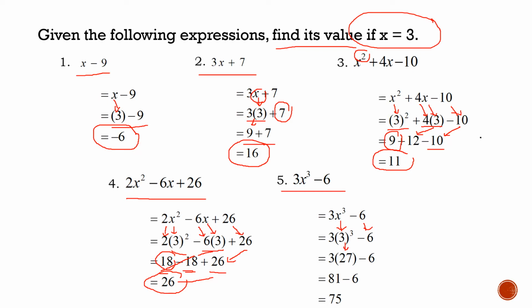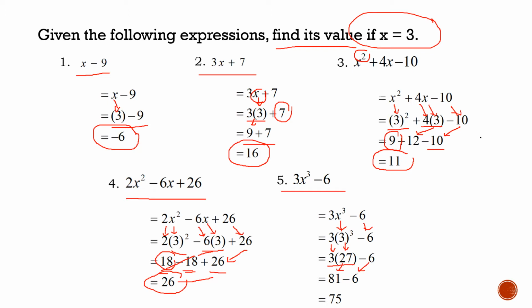That's why it's 27. So we copy your numerical coefficient from your first term, which is 3, minus 6, which is your second term. So we simply multiply 3 by 27, so that will be equal to 81. So we copy your negative 6.